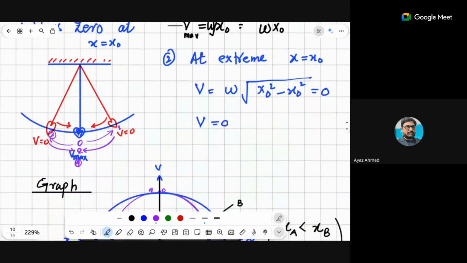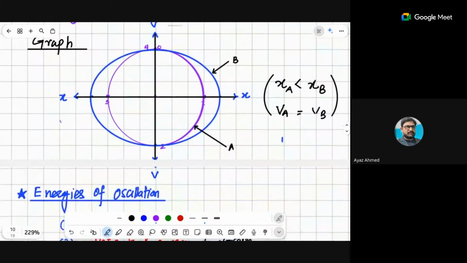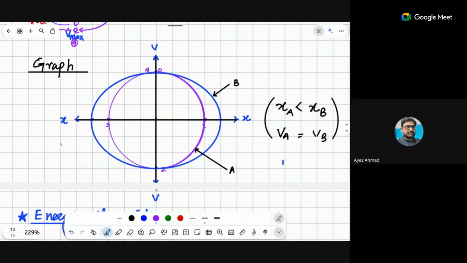Okay, so here I have shown these graphs. Different questions are asked, but in these two graphs, what is the difference? Can anybody tell me? I have mentioned that difference here. The maximum displacement, or the amplitude, of A, this purple color is for A, is less than the amplitude of B. You got my point?